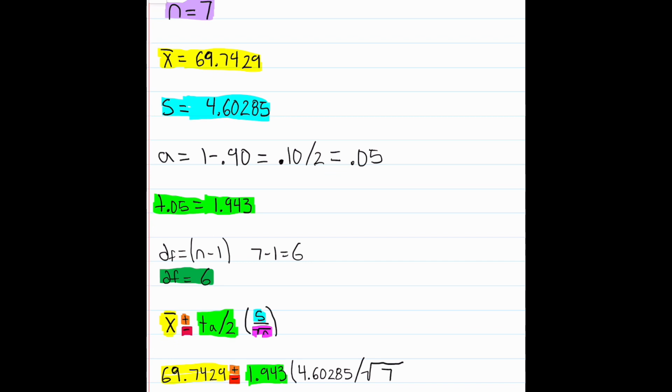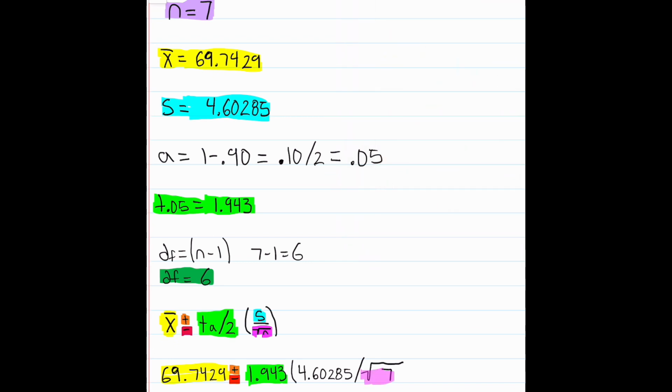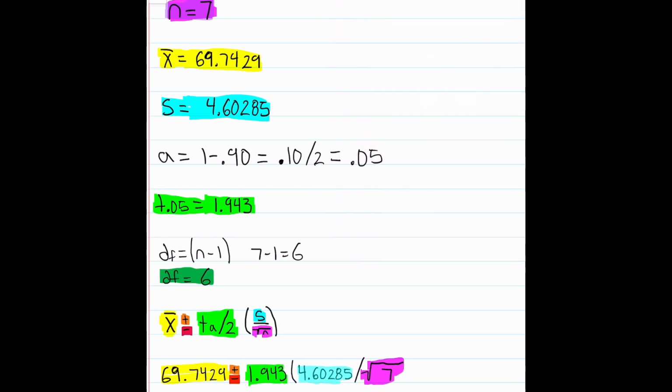One thing you want to make sure of when solving these is don't round your numbers early. Wait till after you're done with the equation and then round to wherever the problem tells you to, but use your full number when solving the equation to keep from having rounding errors in your final answer. So we're going to solve what's in the parentheses first, just to keep away from any errors.